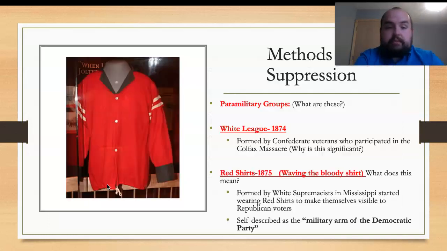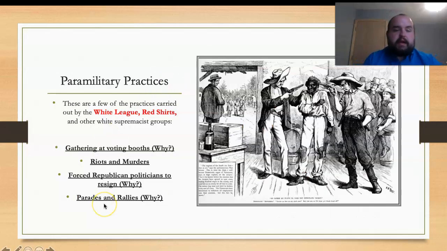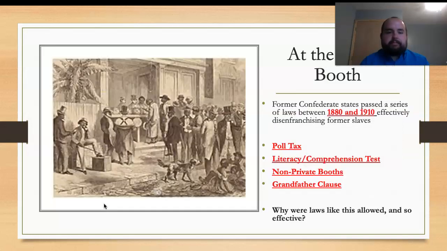But yeah, again, remember, they're paramilitary groups. They want to seem like actual militaries. If they participate in all these parades and rallies, it makes them seem more legitimate, more like an actual powerful and threatening military. And of course, parades get people very nationalistic, very pumped up and excited. It can encourage more support because it looks like an actual military and not just a group of thugs. Makes them seem more legitimate, essentially.